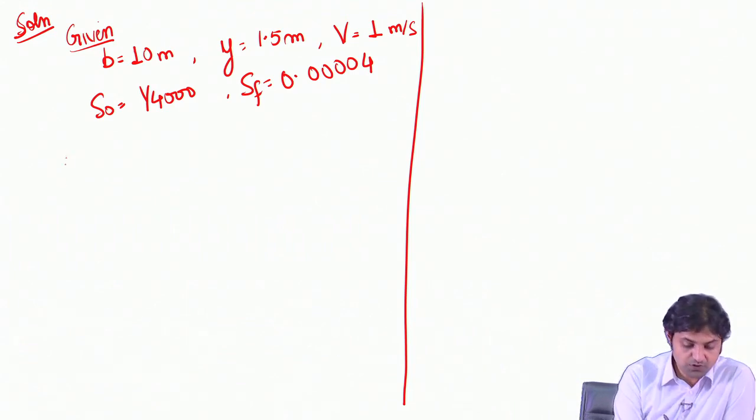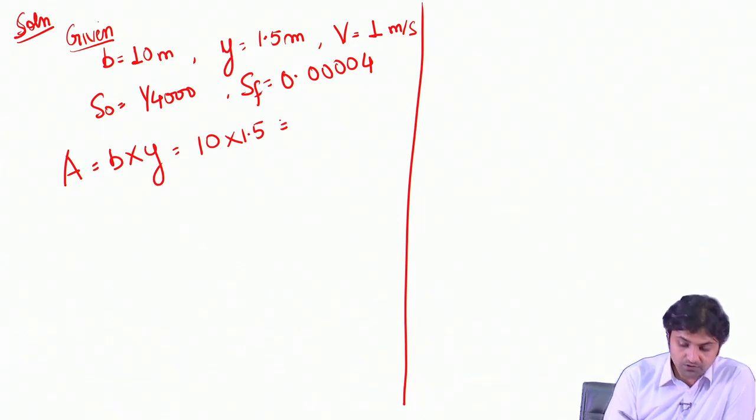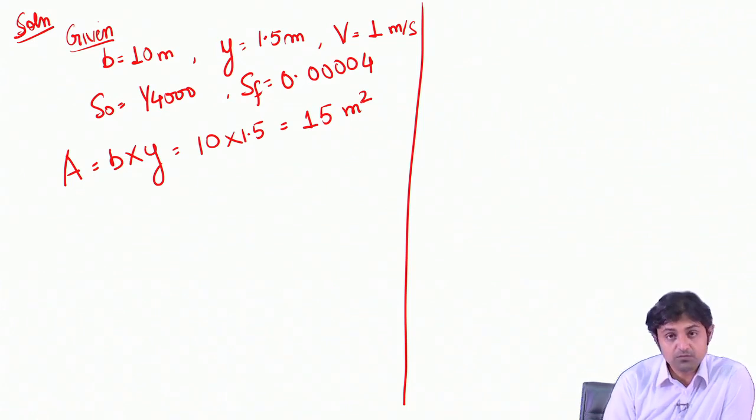First we need to calculate the area of the flow, which is nothing but B into Y, so 10 into 1.5, and that is 15 meter square.